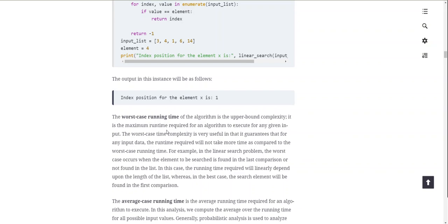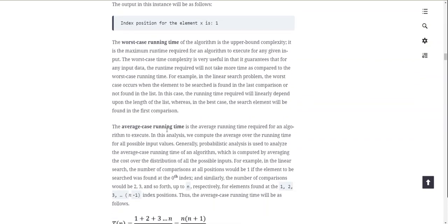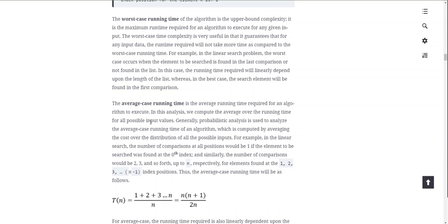It'd be nothing. It would run fast. So we've also got the average case running time, where we look at what's best case scenario. You just go through it once. Worst case scenario depends on how big n is. And the average is somewhere in between.